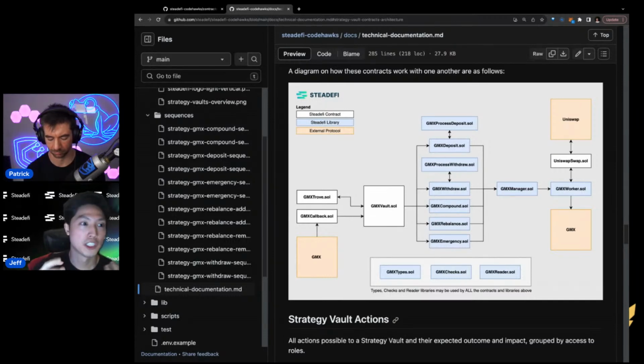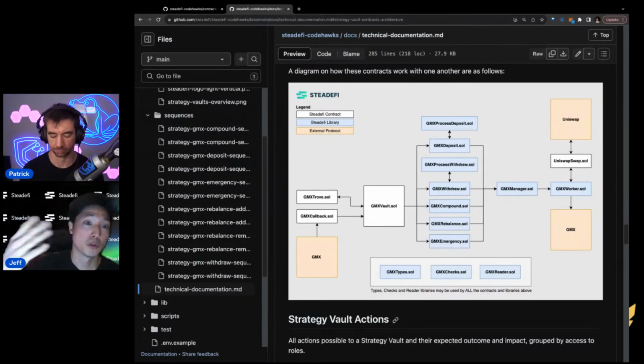Your initial 3x long strategy may become higher, 4x, 5x, or may become lower. And so to keep the strategy true and honest, we don't want to stray too far from the original amount that we say. So if, let's say, you're at a 3x strategy and it goes to too much leverage, you want to deleverage.